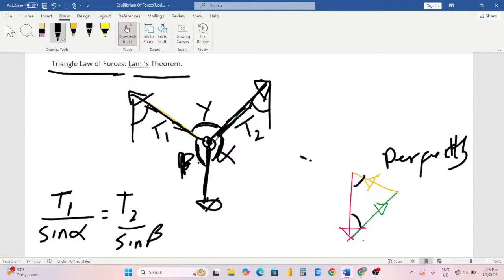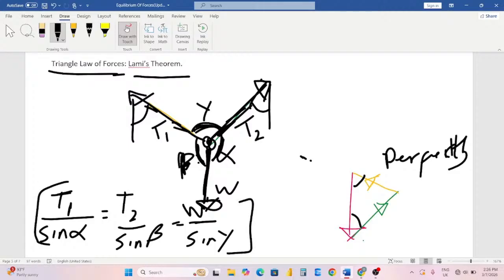Then the last one, the weight, the gamma is facing it, so you can call it weight divided by sine gamma. This right here is Lami's theorem. It prevents you from having to look for the head to tail fashion, which some of you get wrong and even waste time on unnecessarily.